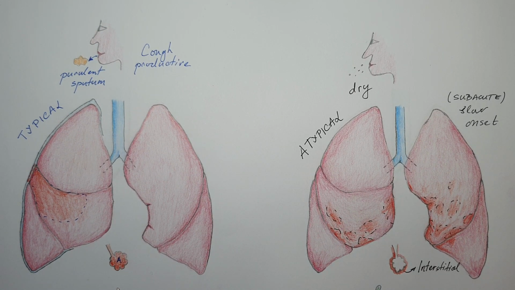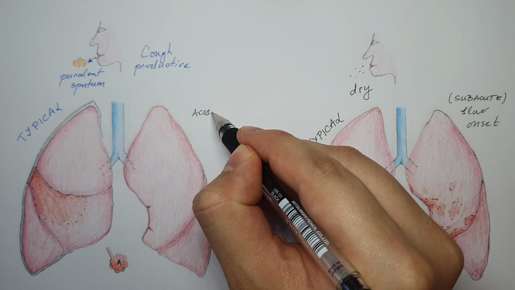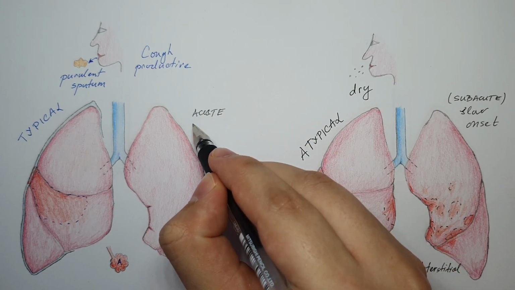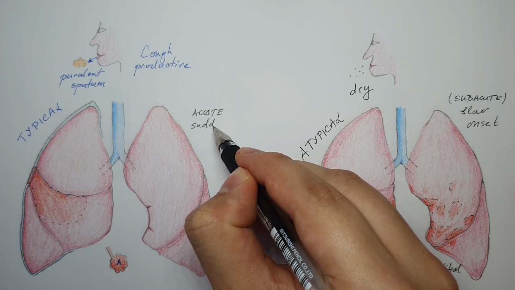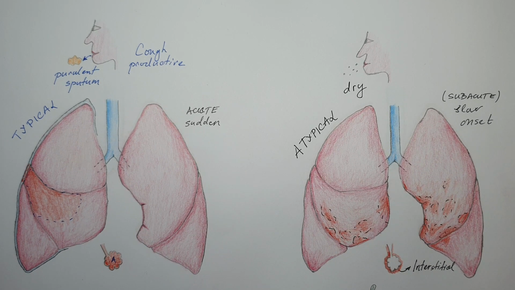So, the etiology of these acute or sudden onset pneumonias, typical pneumonias, is basically bacterial, and these pathogens are extracellular pathogens. The etiology in atypical pneumonias is different.